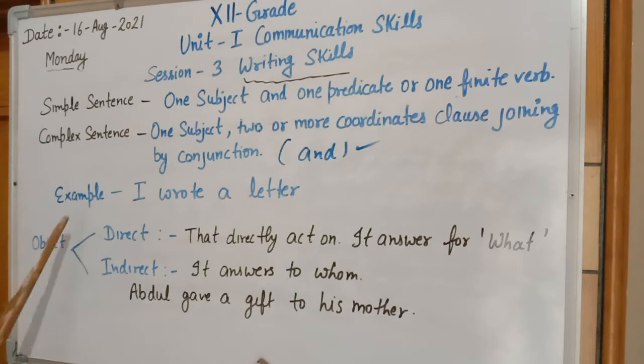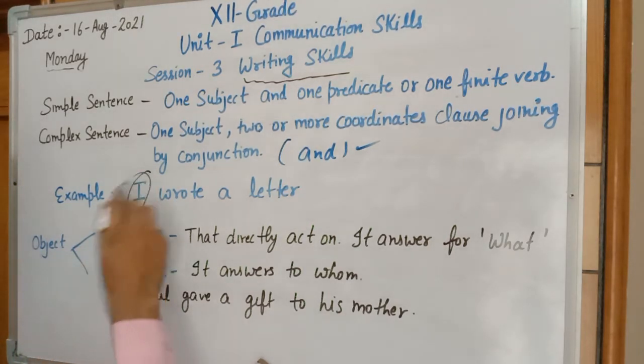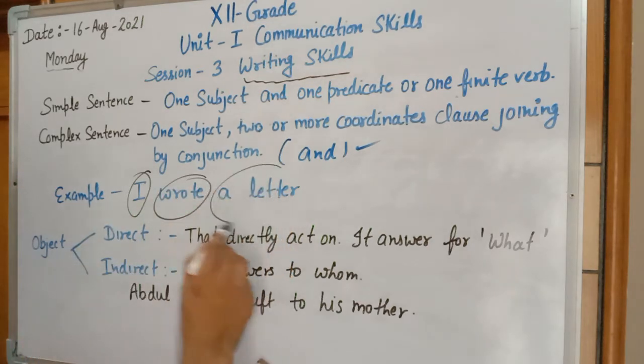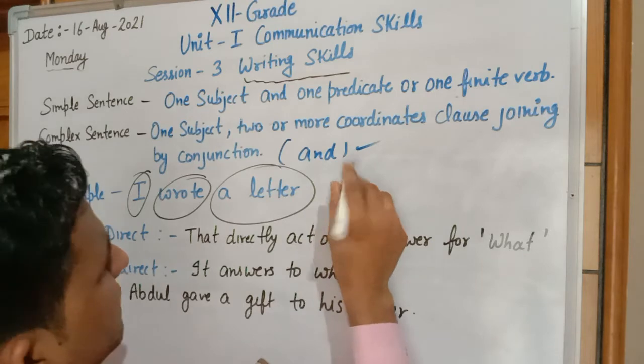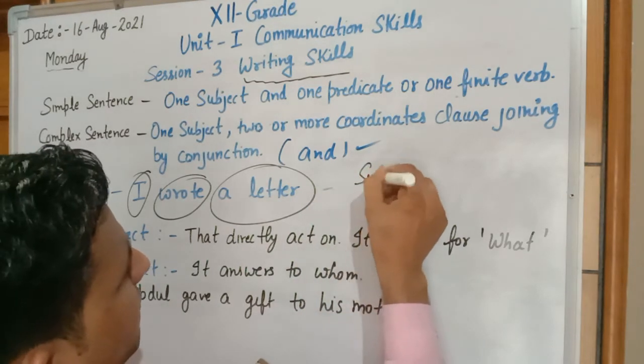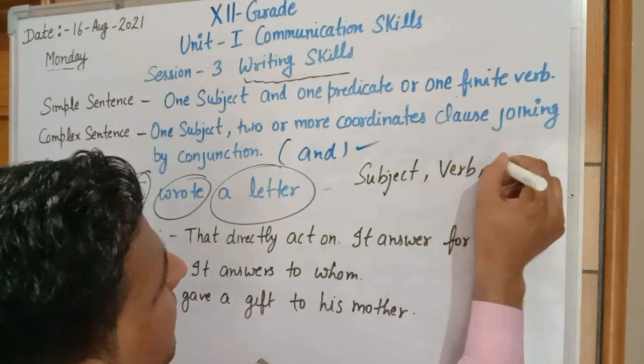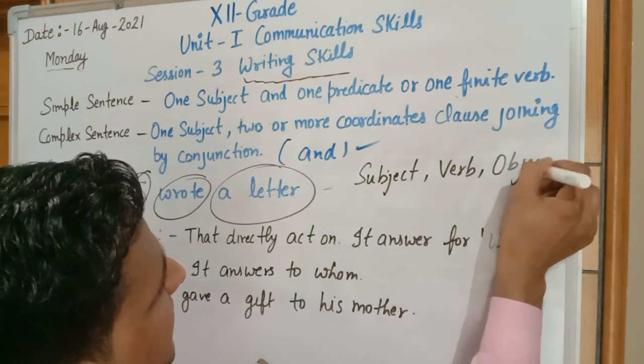See the example. In this example, I have written: I wrote a letter. In this, I is the subject, wrote is the verb, and a letter is the object. So it is divided into three parts: subject, second part is verb, and third part is object.